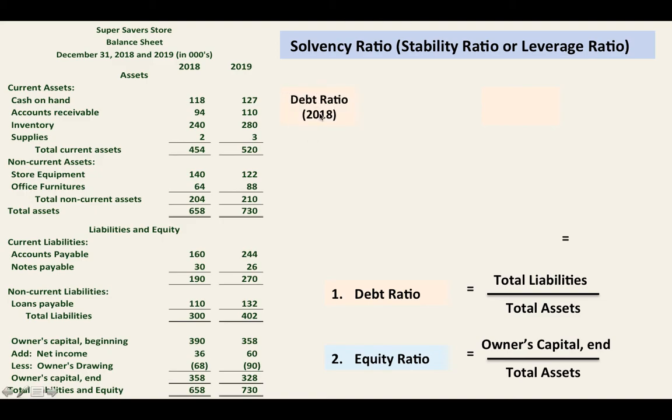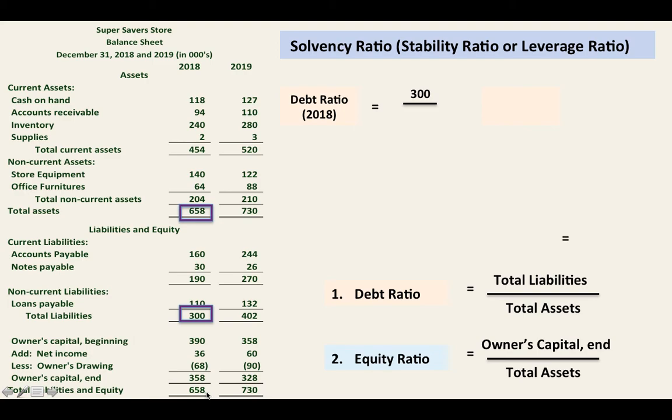The debt ratio is total liabilities for 2018. Debt ratio for 2018, we have total liabilities of 300,000, okay, over total assets of 658. You can also use the total liabilities and equity, which is also 658.